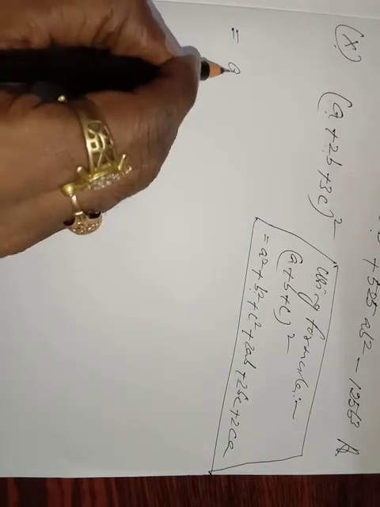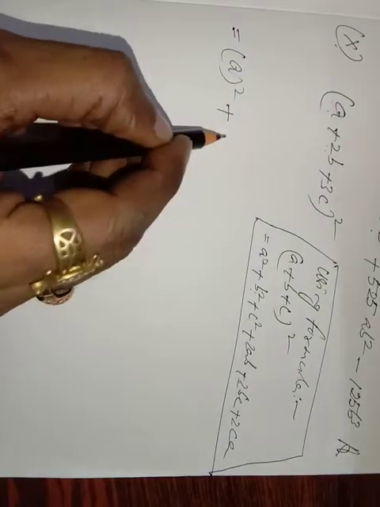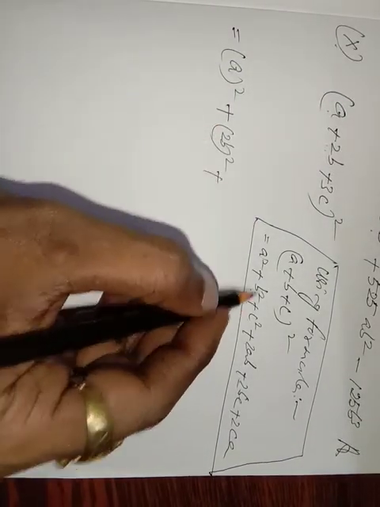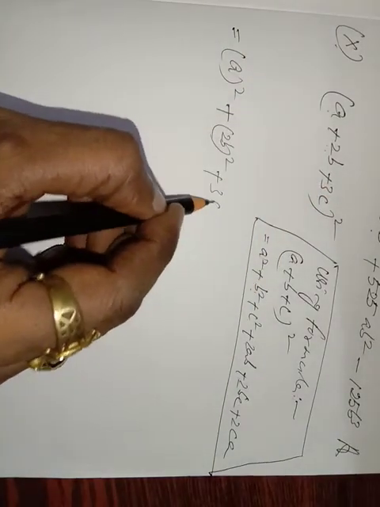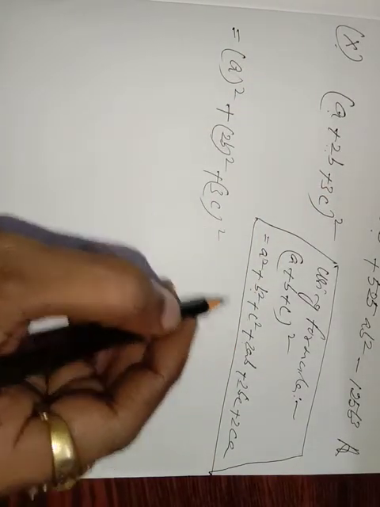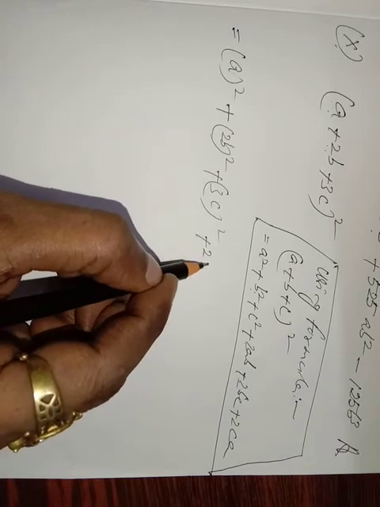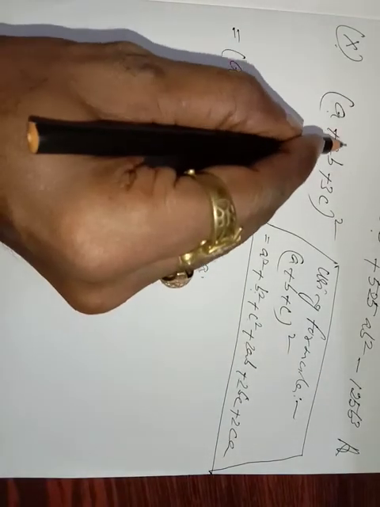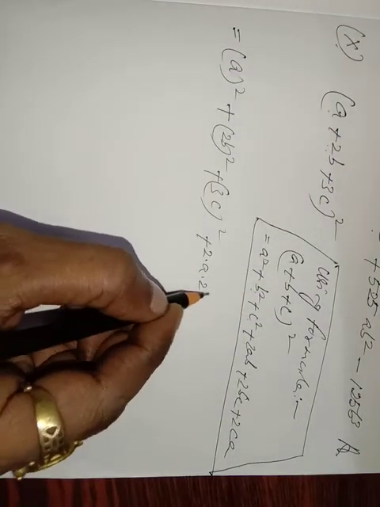a means a whole square, plus b square means your (2b) whole square, plus c square, c means here (3c) whole square. Next is plus 2ab, a into b means here 2b, keep it here 2b.